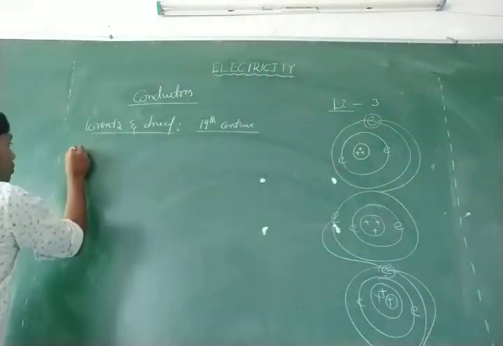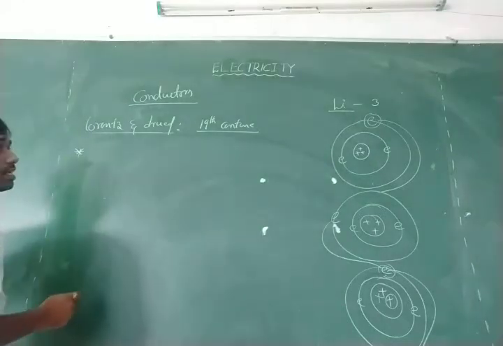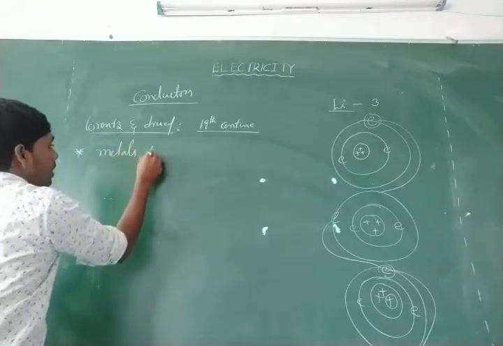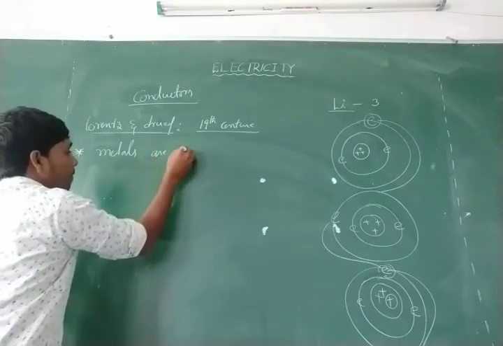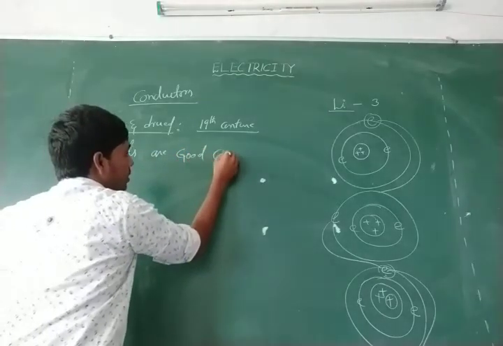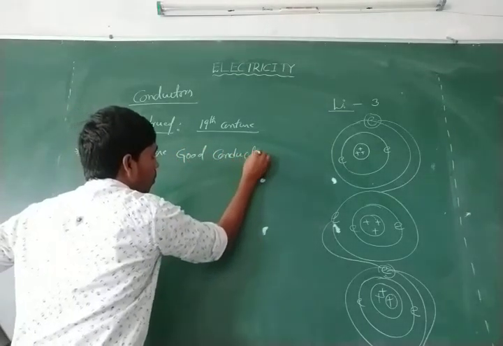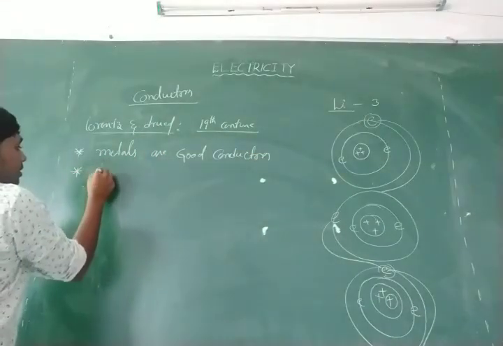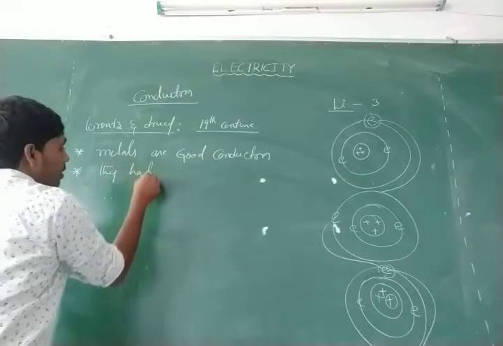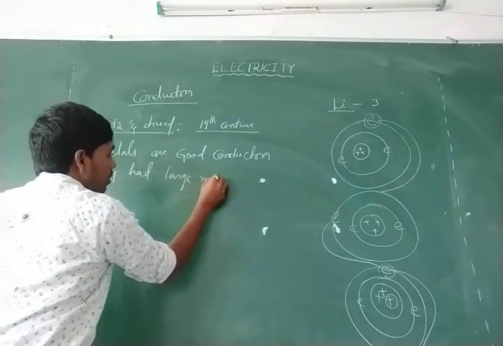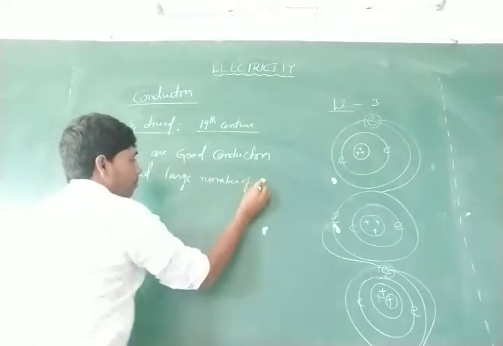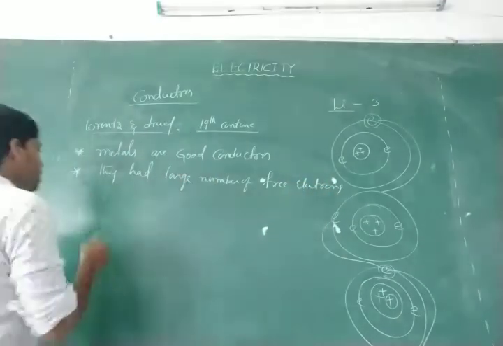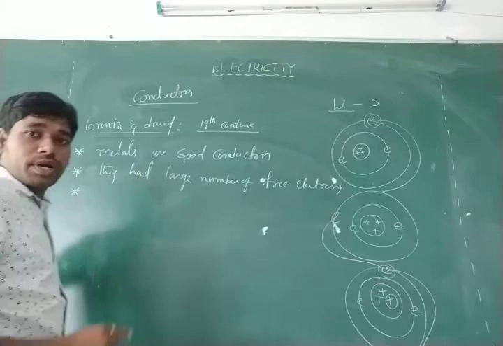So according to Lorentz and Drude, metals are good conductors, and they have a large number of free electrons. These free electrons can easily move from one atom to another.